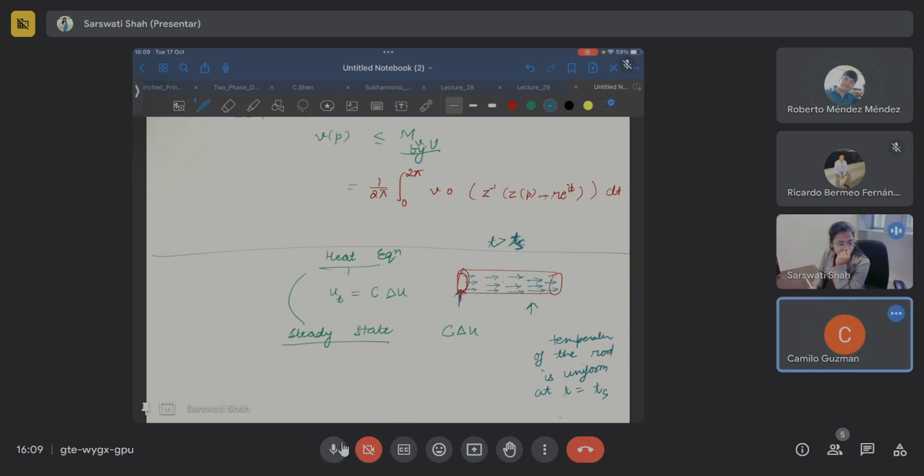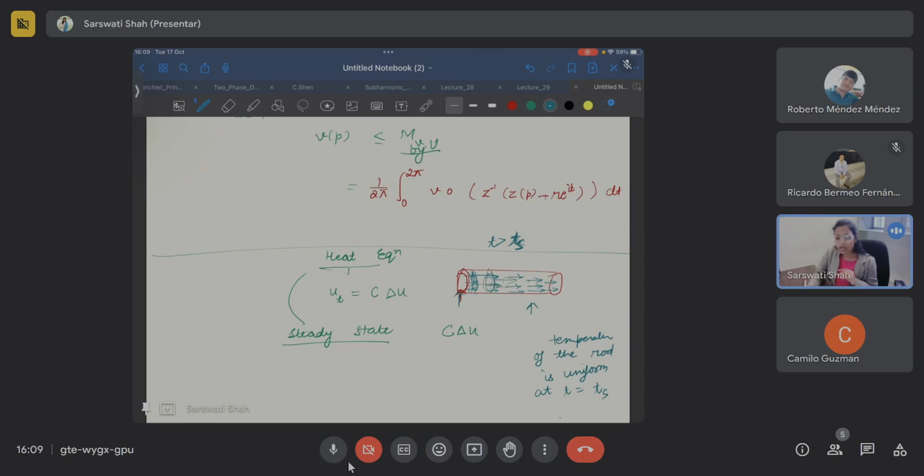Yeah, I think it is not going to increase. Because if the temperature of the rod has been uniform, then for sure it acquires its maximum heat at this point, then passes heat to another point, which again acquires its maximum heat.